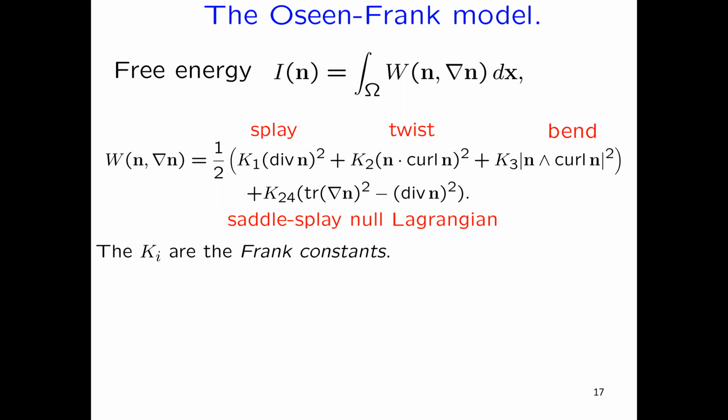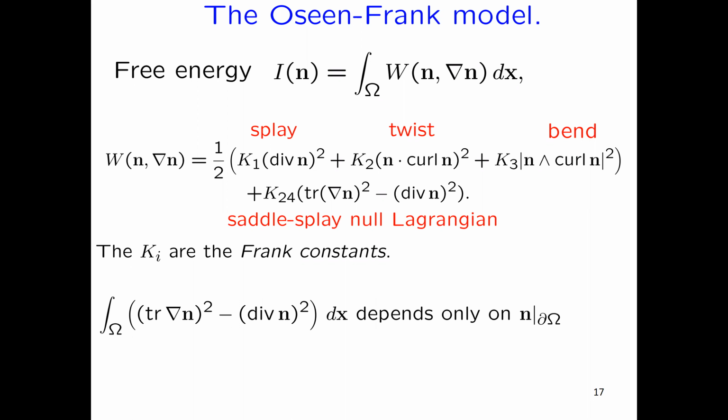So what that means is that if you integrate this over omega, its integral will depend only on the values of n on the boundary. There are different ways of seeing this, but one way is to notice that this expression can be written as a divergence.